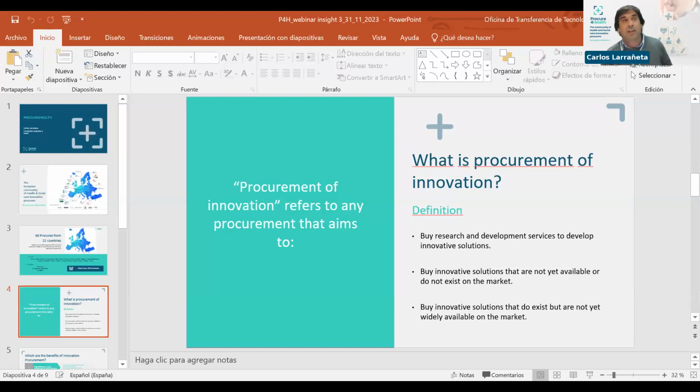Instead of taking products off the shelf that might fit even partially some of our needs, that might not even be a priority, we are assessing our needs, prioritizing them, and sharing them with the market, the innovation ecosystem around us, and saying: if you are able to develop a solution, we will buy it.